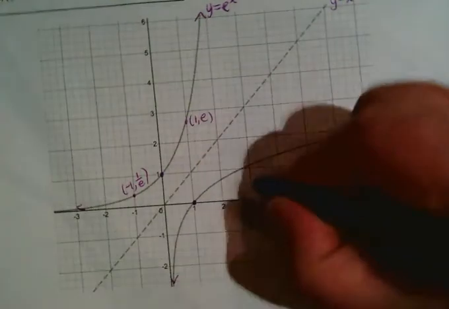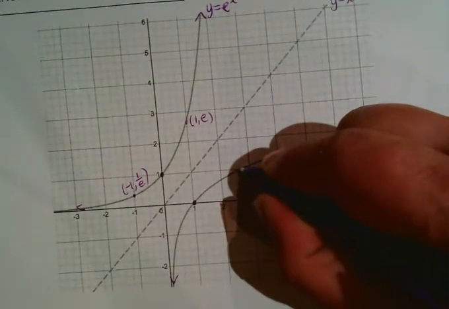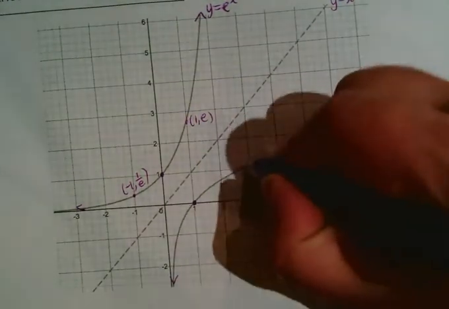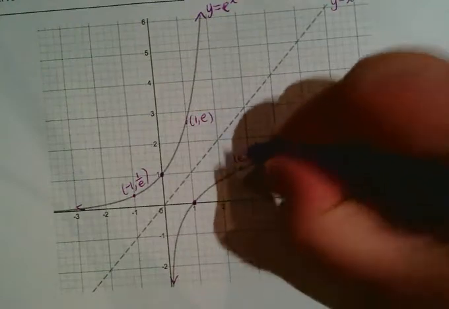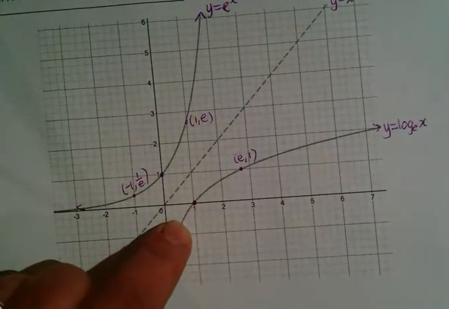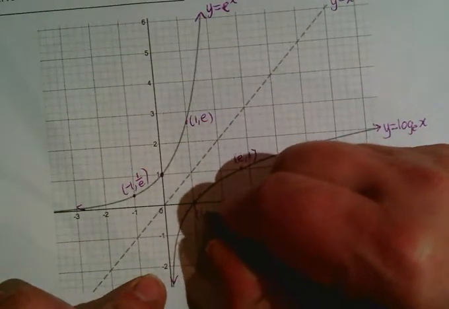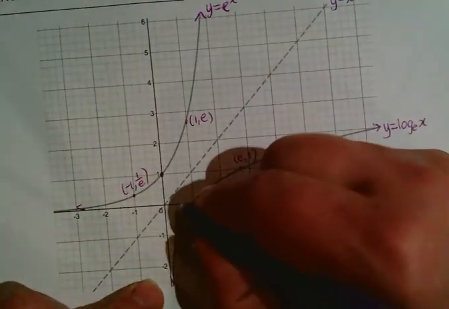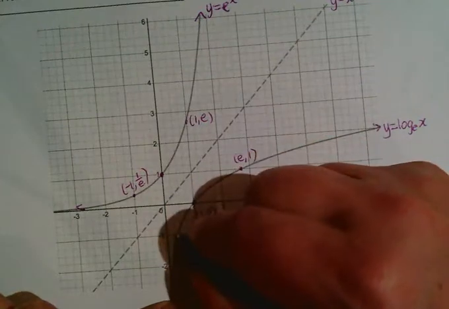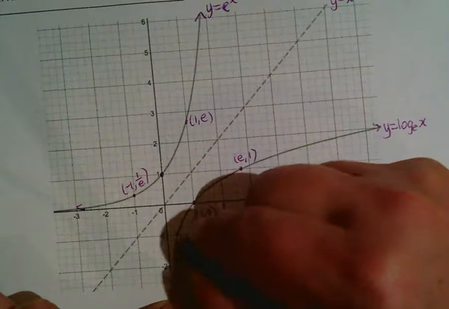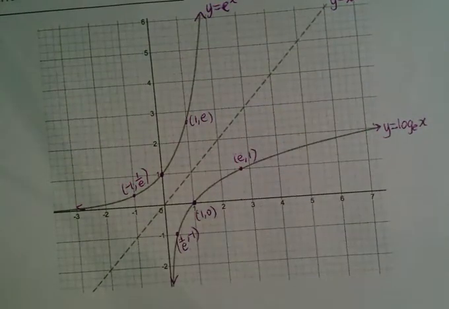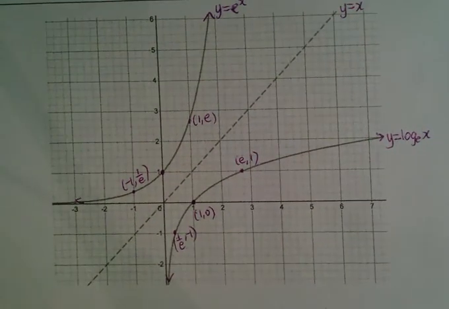Now e is approximately 2.718, so this point here must be (e, 1). We can see we've got (1, 0) here as well, and here this would be (1 on e, -1). All right, so that's the curve y equals log to the base e of x.